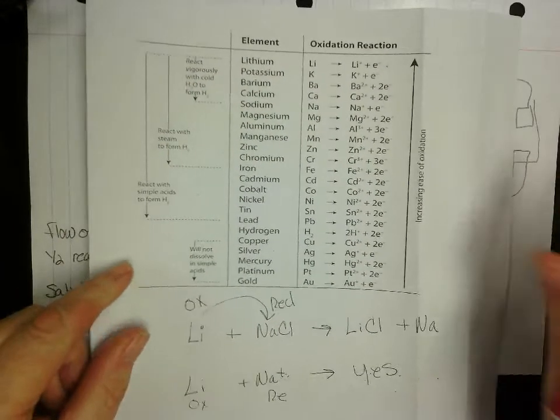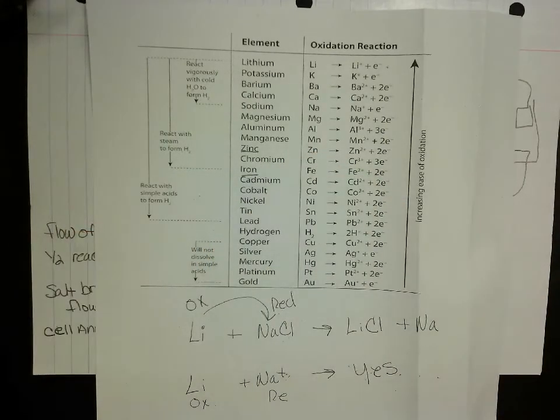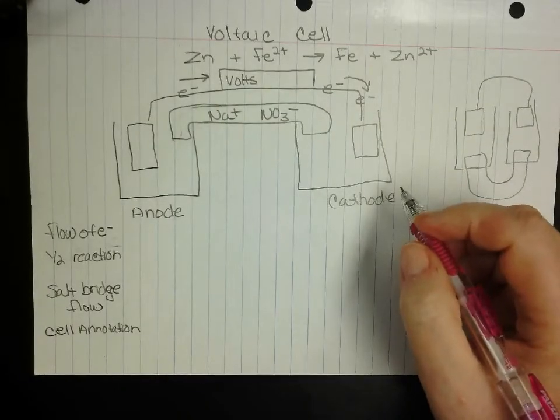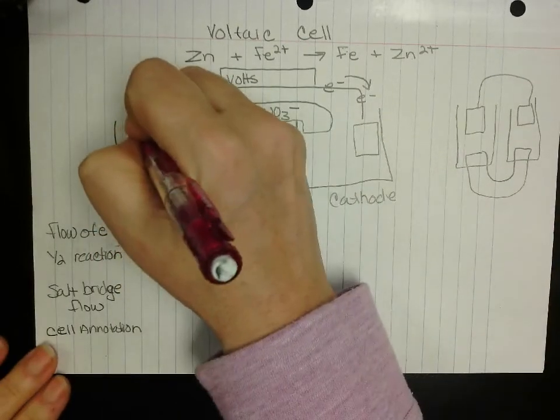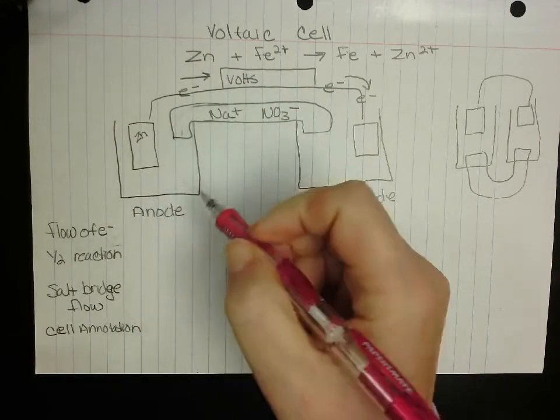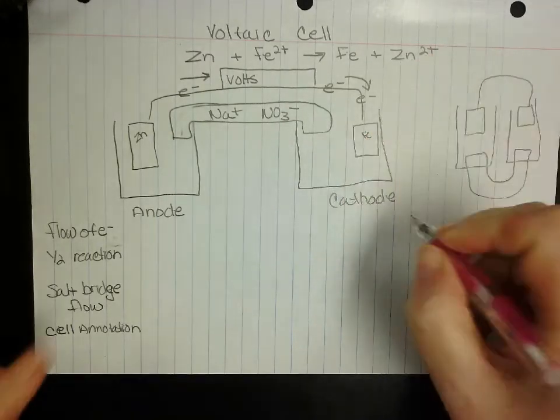So the first thing I have to do is find zinc and iron, and I have to decide which one's going to oxidize, and oxidation happens at the anode, an ox. So zinc is oxidized. So just out of habit, I'm going to put zinc here, and I'm going to call that my anode because we're losing the electrons. And I'm going to put my iron over here and call that the cathode.